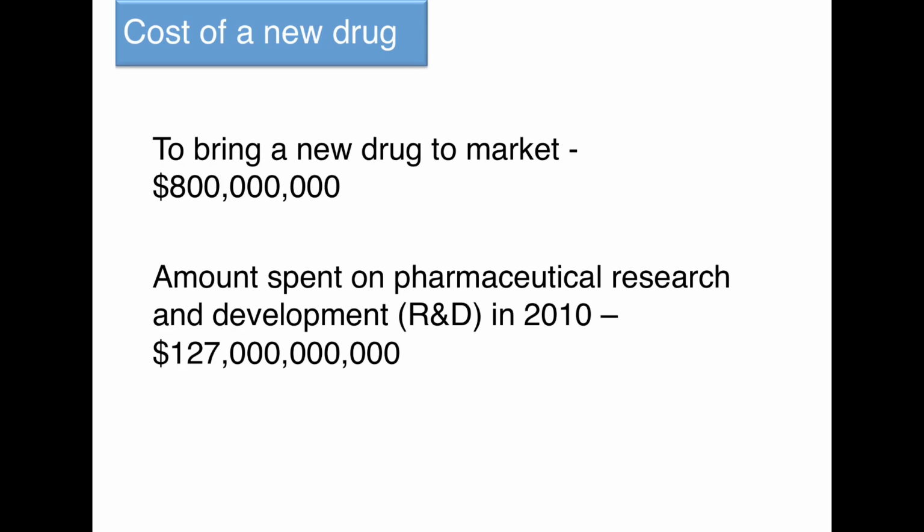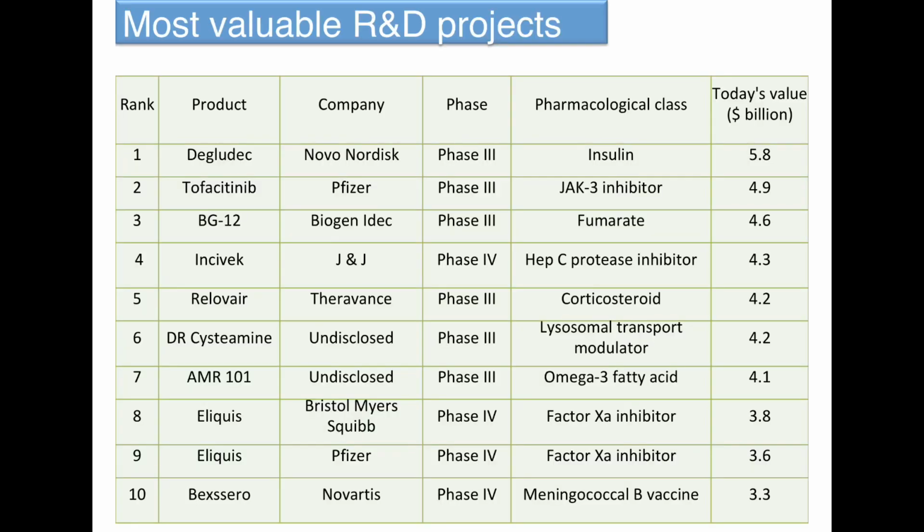Overall, and these statistics are somewhat old at this point, 10 years ago, R&D, or research and development costs on pharmaceuticals, were exceeding $127 billion. And if you think about that, the number of new drugs per year is actually very, very low. So the rest of the money is being spent on drugs that never see the pharmacy because drug development is hard.